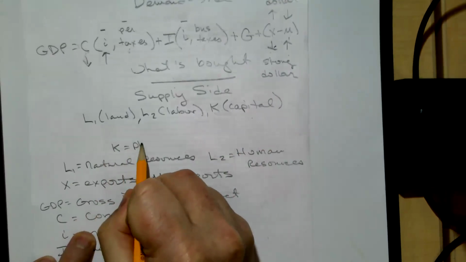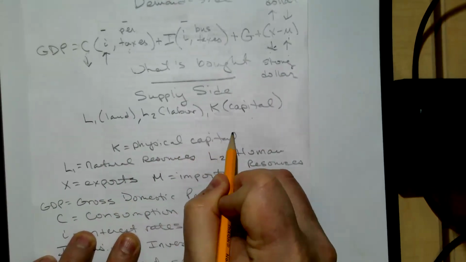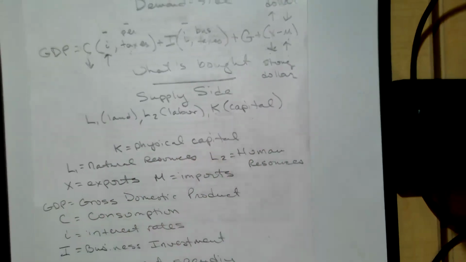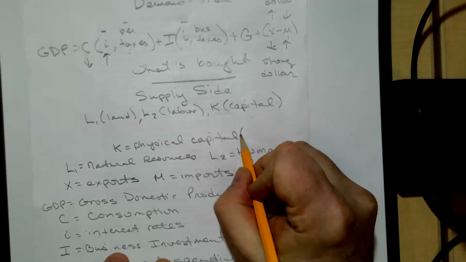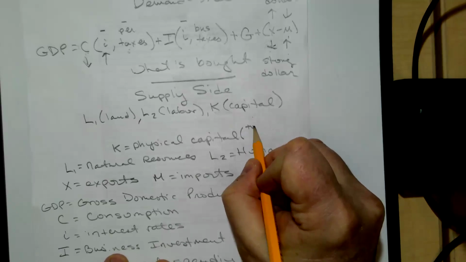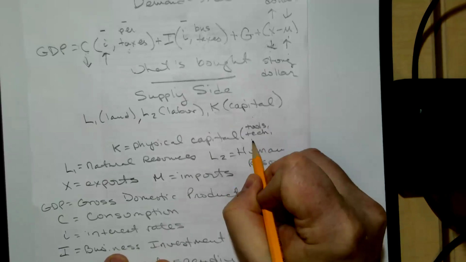K is physical capital. K is a machine that helps make other things. K is, let's write this down: tools, tech, machinery.